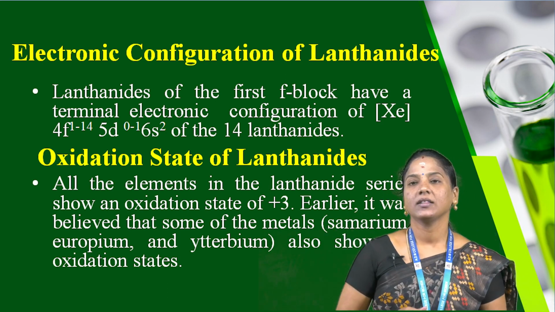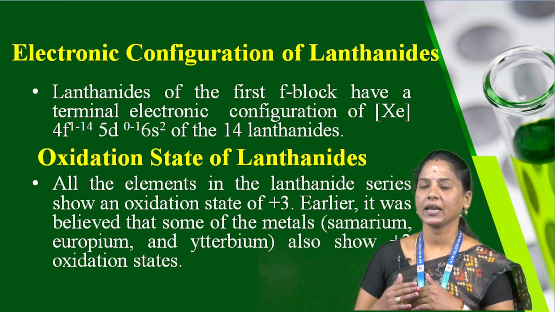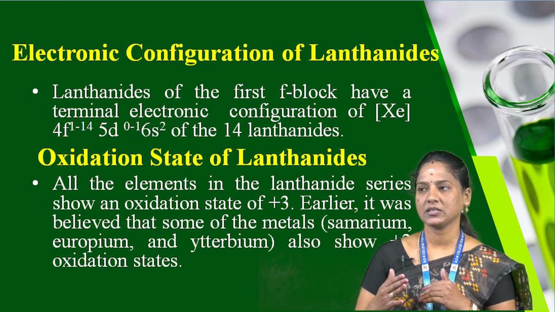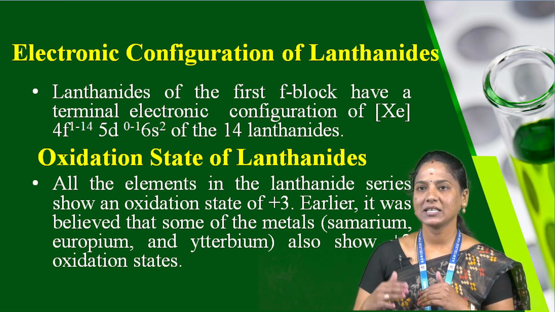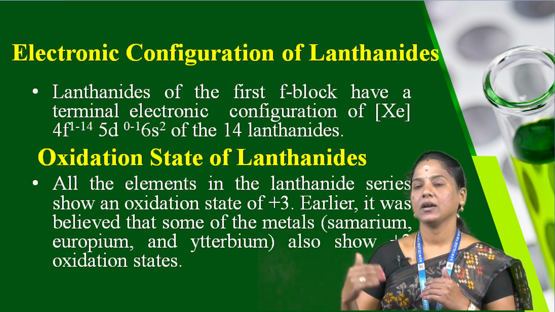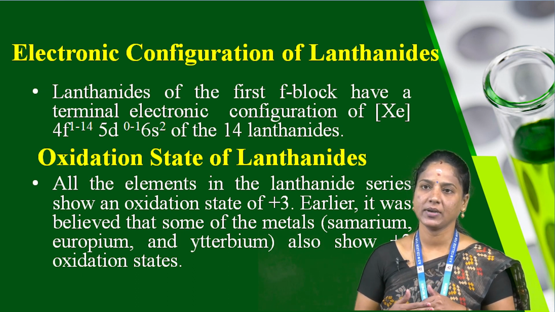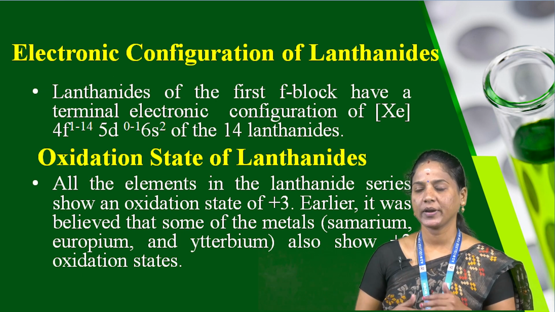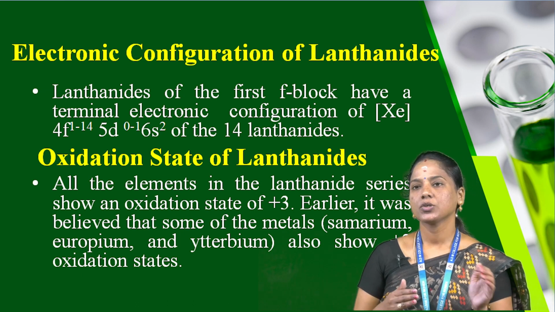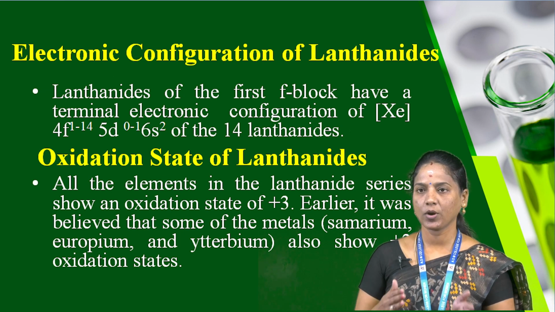Electronic configuration. The lanthanides of the first f-block have a terminal electronic configuration of xenon 4f1 to 14, 5d0 to 1 and 6s2 for the 14 lanthanides. Promethium with atomic number 61 is the only synthetic radioactive element. The energies of the 4f and 5d electrons are almost close to each other, so the 5d orbitals remain vacant and the electrons enter the 4f orbitals.